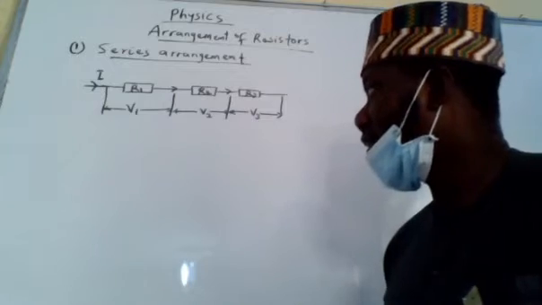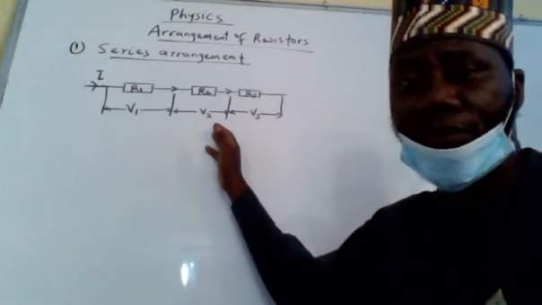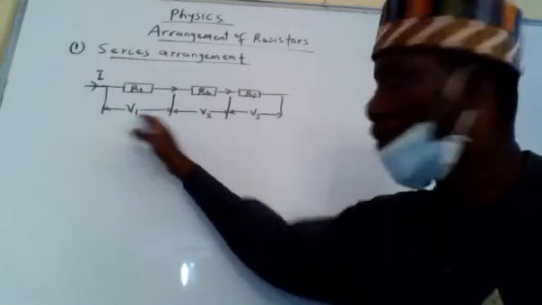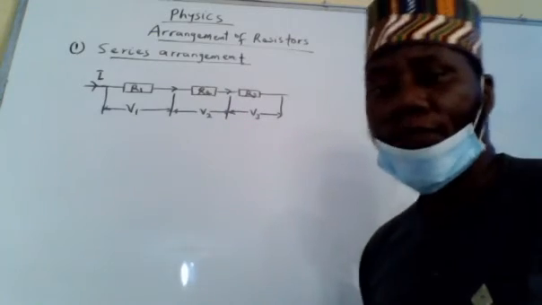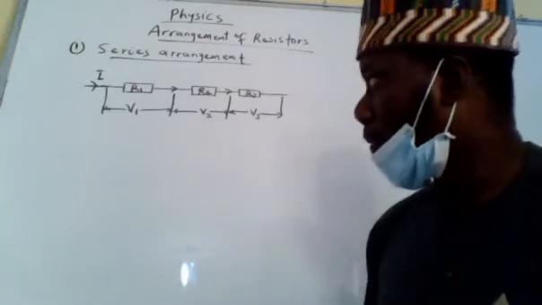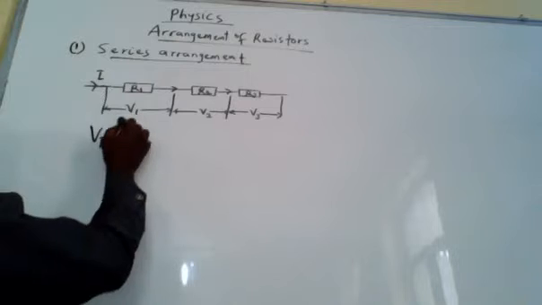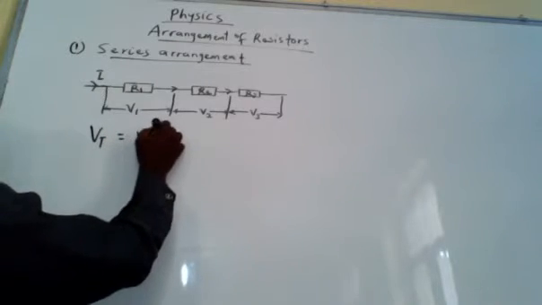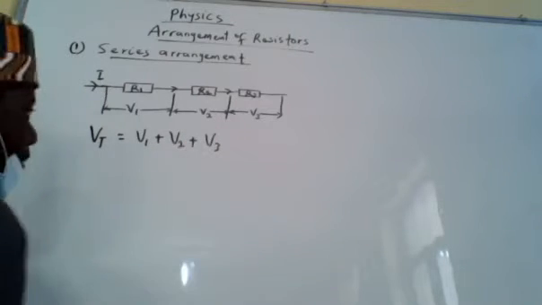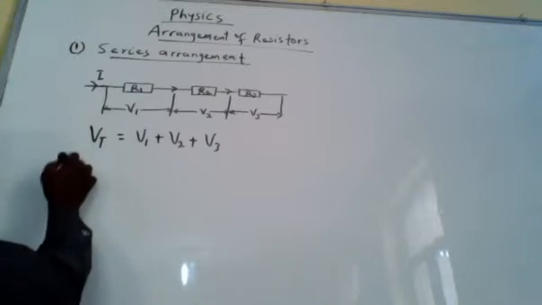So it means that if you want to calculate our total potential difference from this circuit, it is going to be V1 plus V2 plus V3. That will give us our total potential difference in that circuit. What I mean by that is my V total is going to be V1 plus V2 plus V3 according to the diagram. What we should recall from Ohm's law.